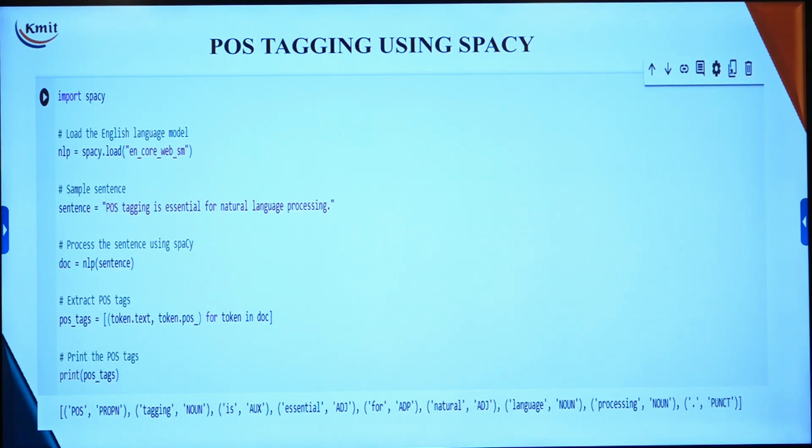Finally, we print the list of tuples containing the words and their corresponding POS tags. As you can see, my sentence is "POS tagging is essential for natural language processing." I get a list of tuples wherein I get each word and the corresponding POS tag.